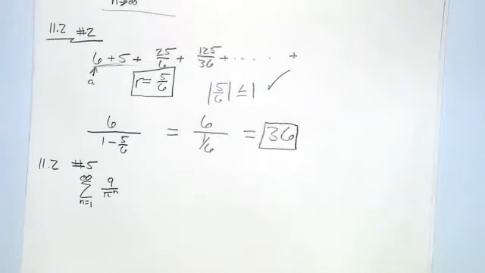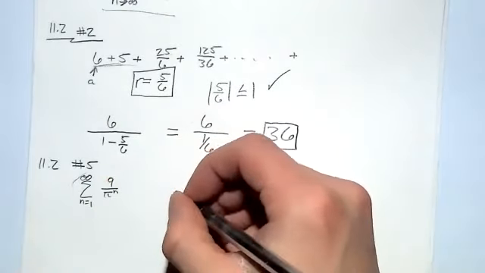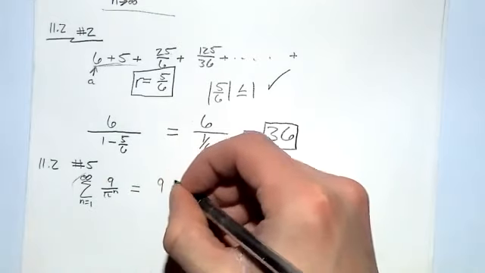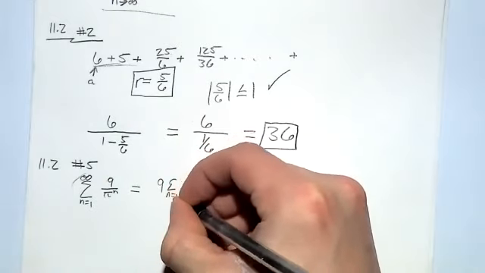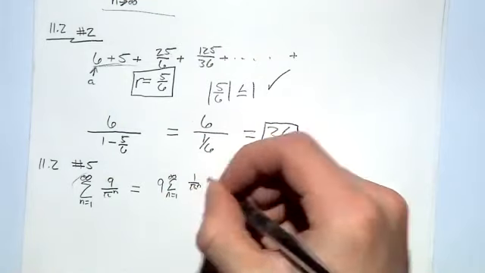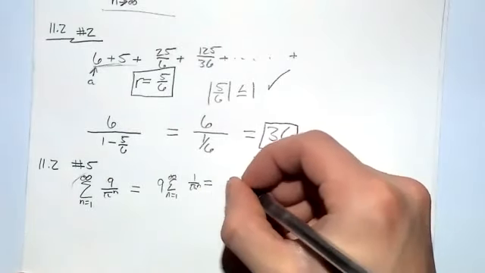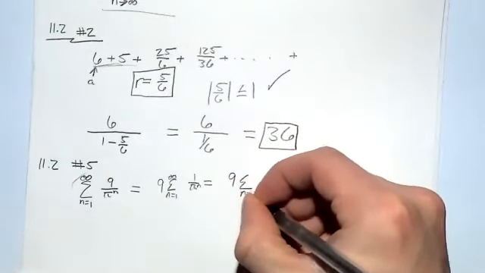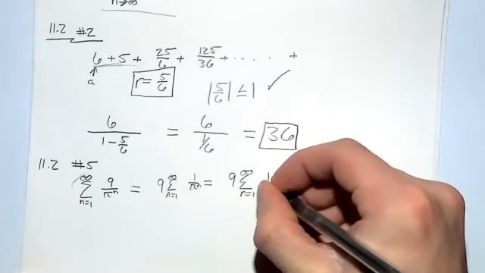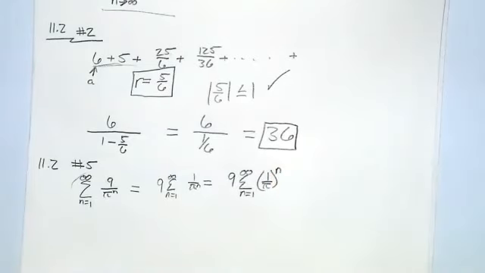So if we take a look at what we've got going on, we can take this 9 and move it out front of the summation. Then we have 9 times the summation from n equals 1 to infinity of 1 over pi to the n. This 1 over pi to the n can be rewritten as 9 times the summation n equals 1 to infinity of (1 over pi) all to the n.